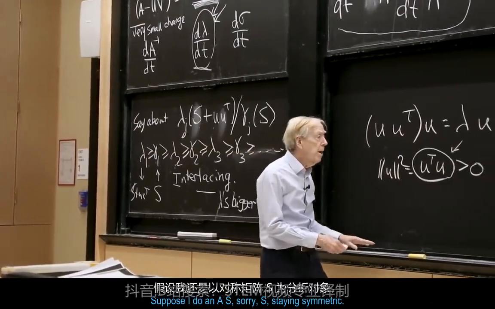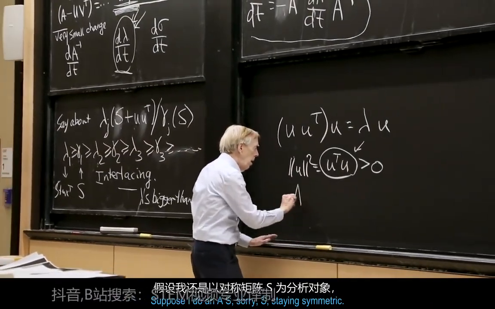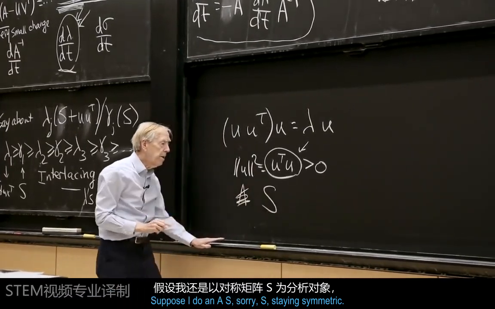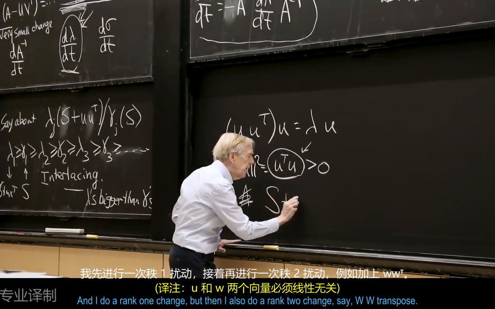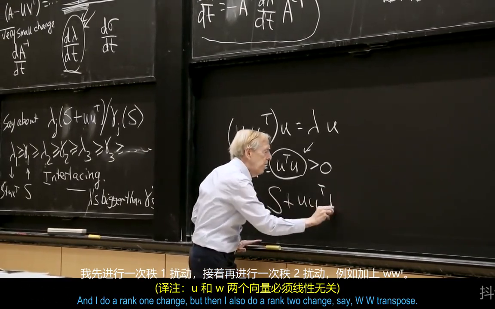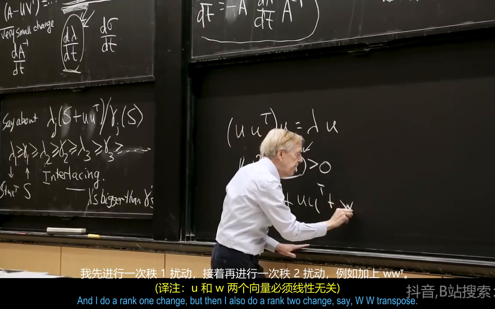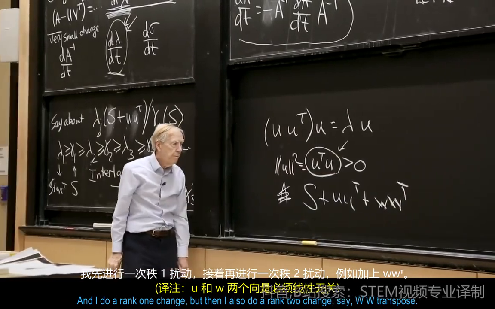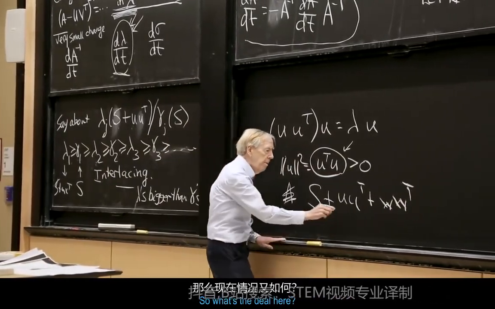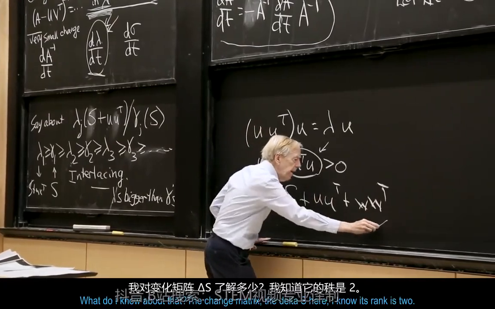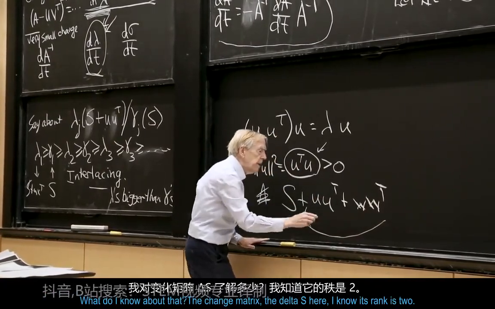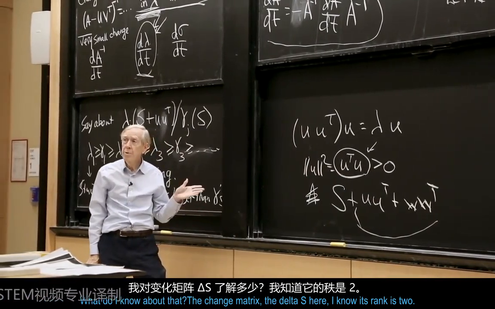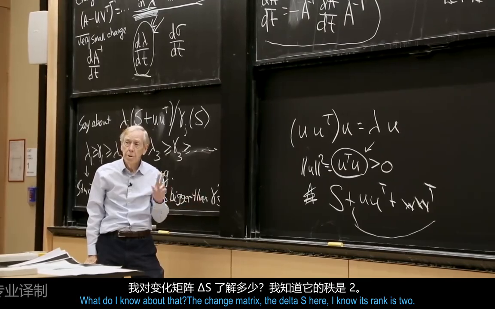Suppose I do an S, staying symmetric, and I do a rank 1 change, but then I also do a second change, say W W transpose. Okay. So what's the deal here? What do I know about the change matrix, the delta S here? I know its rank is 2.